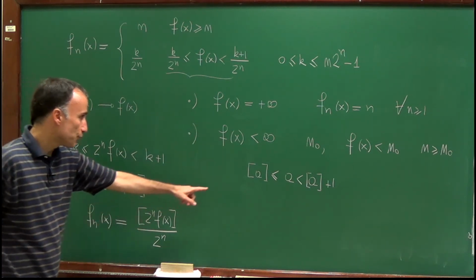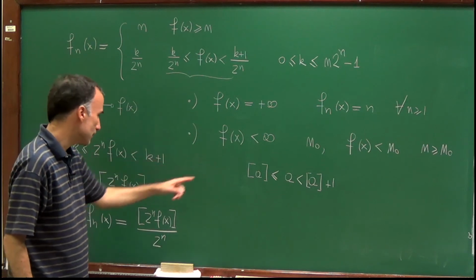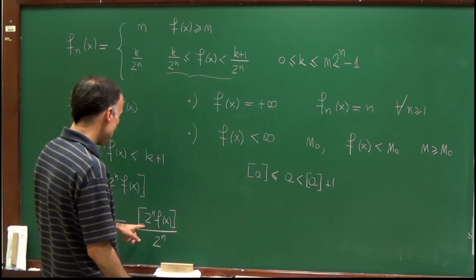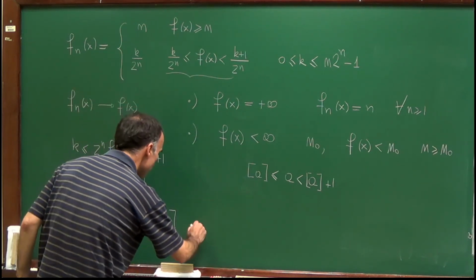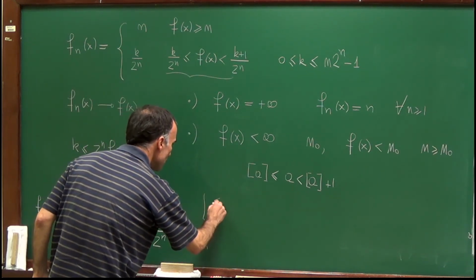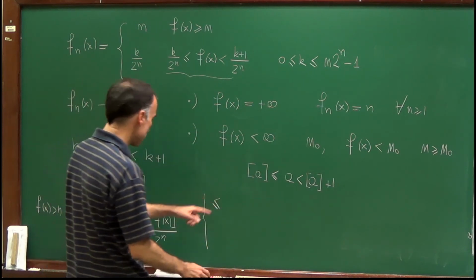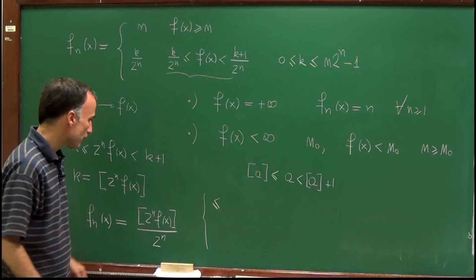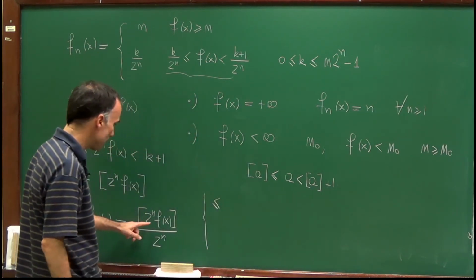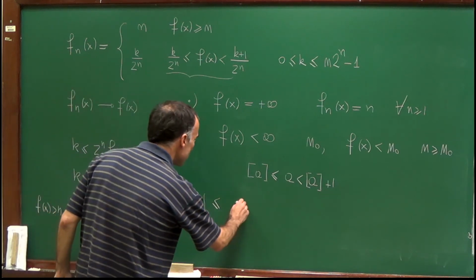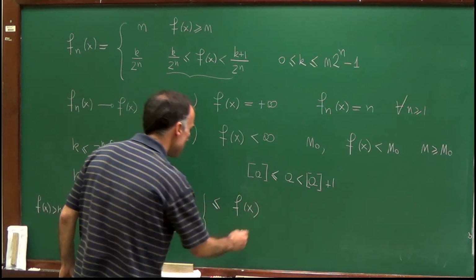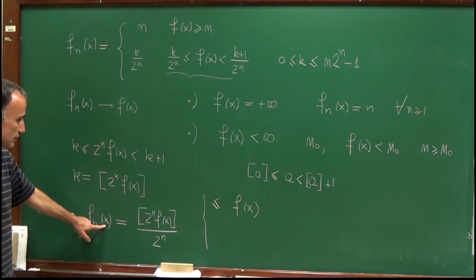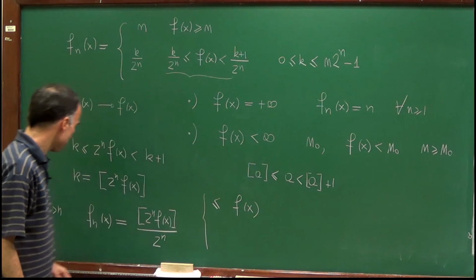So if we use that inequality here, we have two inequalities. The first one is that the integer value of 2 to the power n times f of x is smaller than 2 to the power n times f of x. So this is always true. So we have just shown that Fn of x is smaller than f of x.